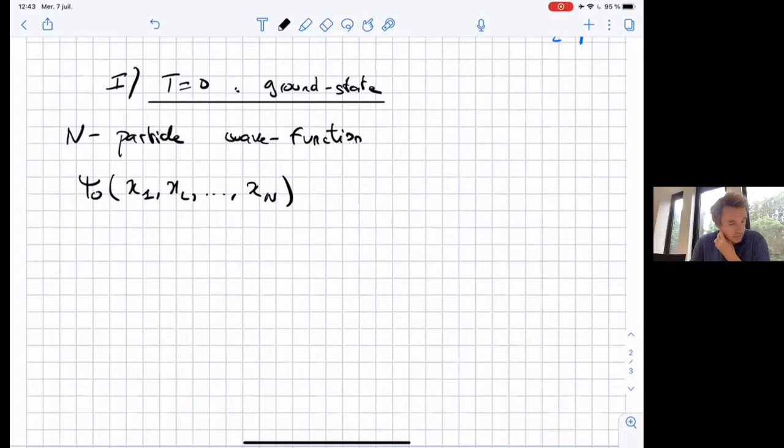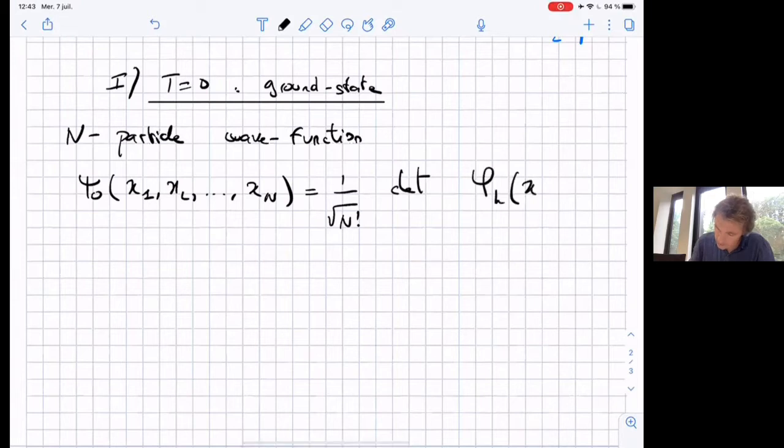x_i and x_j. Okay? And the way to construct that, again, is a standard textbook result. This is what is called a Slater determinant. So basically, I will just construct it as a determinant that I will build from these single particle eigenstates.